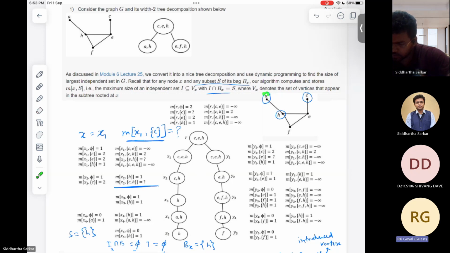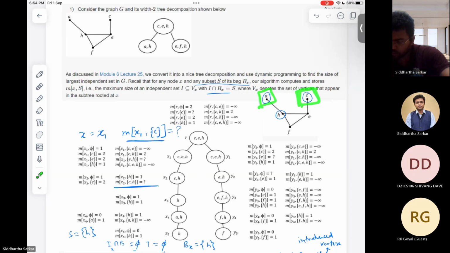Yes, so its value is 2. Correct. And if we take its intersection with the B of X, and here B of X comprises ACH, so if I take the intersection of AC with ACH, then I get this, and it should be equal to S.